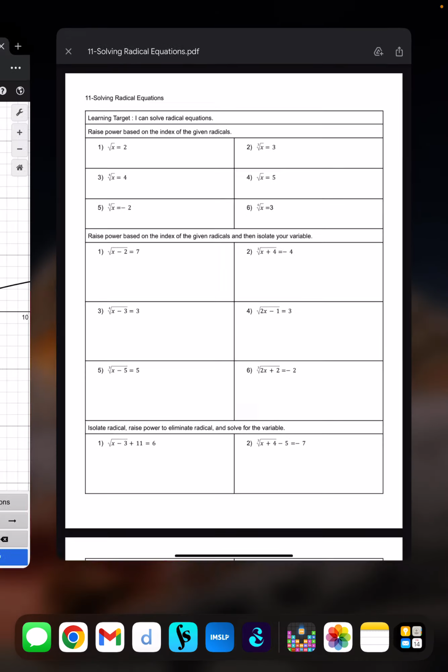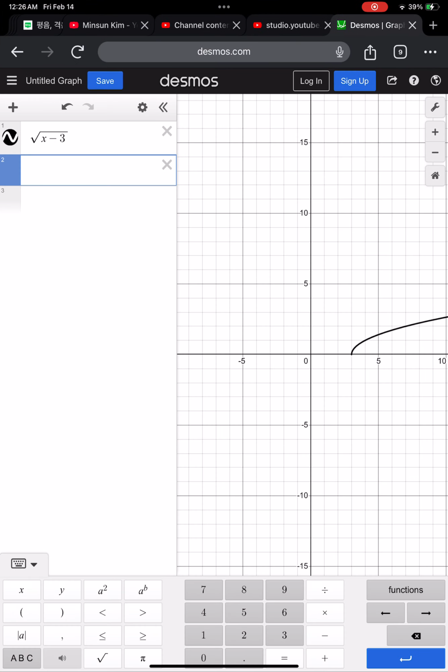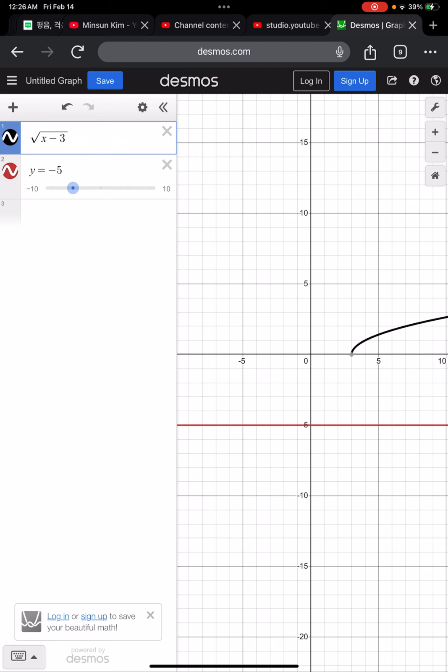So it's y equals negative 5. But those two graphs never cross each other. So that's why there's no solution.